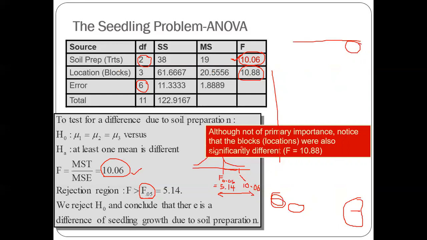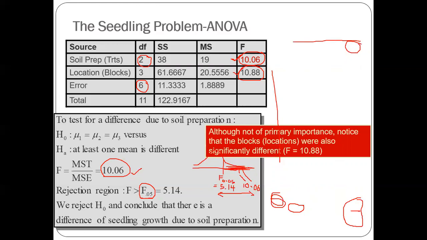Notice that the block or the location is also significantly different with F equal to 10.88. So if we compare with the value of the F statistic of block, that is 10.88, it also falls in the rejection region here.